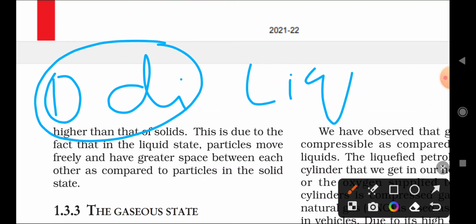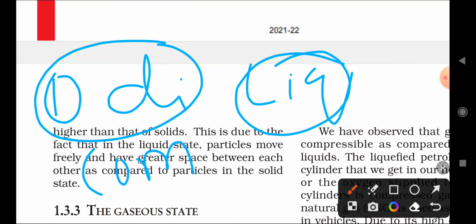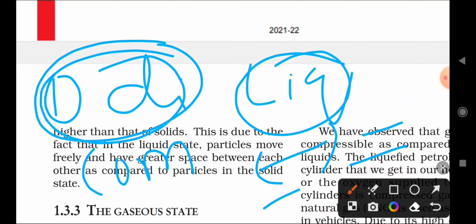You already know that in a solid all particles are very compactly arranged, but in a liquid the particles move freely and have a lot of space between them, so they diffuse easily. Solids are compactly arranged, have negligible compressibility and a strong attractive force, so solids do not have a faster diffusion rate compared to liquids.